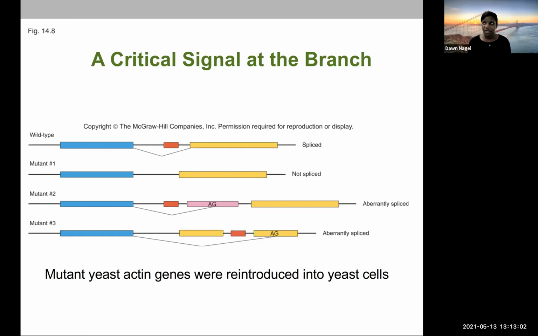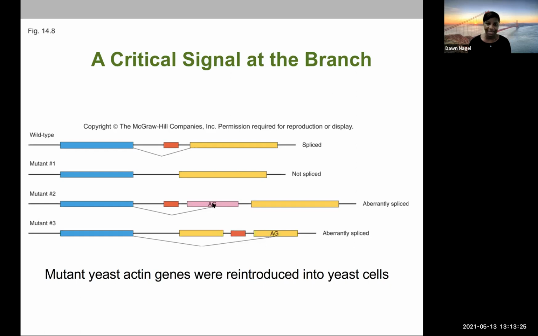When you have a random mutation where it creates some kind of aberrant branch site, like a natural mutation because something happens and this doesn't occur, many times those mRNAs will get degraded. It will be recognized that something weird is happening in the cell and it will get degraded.